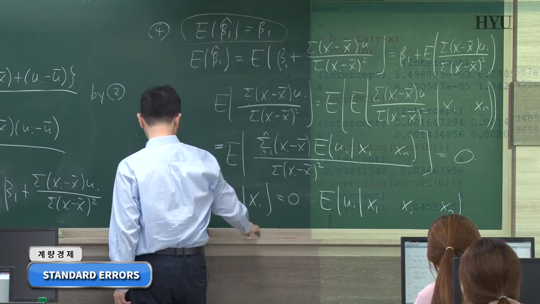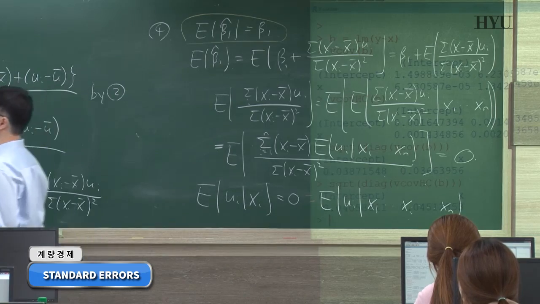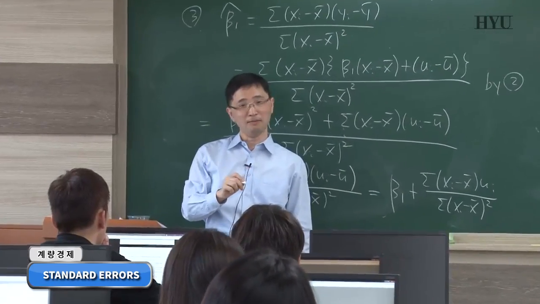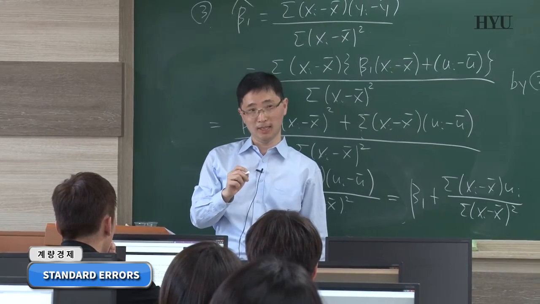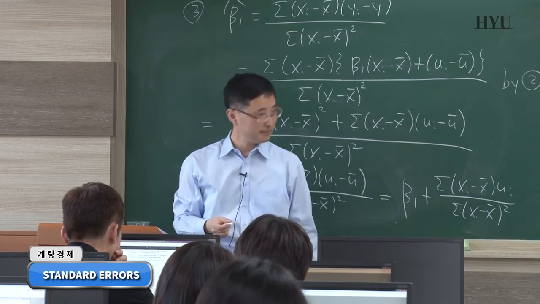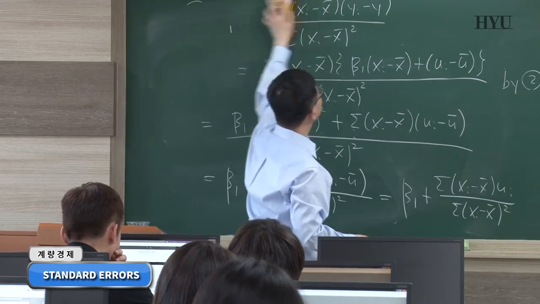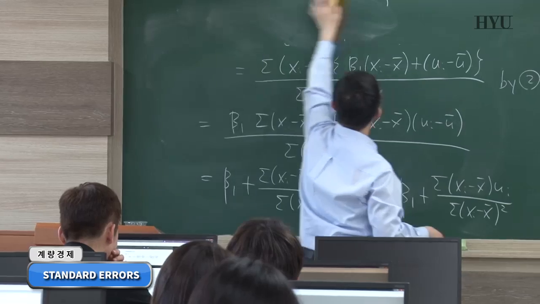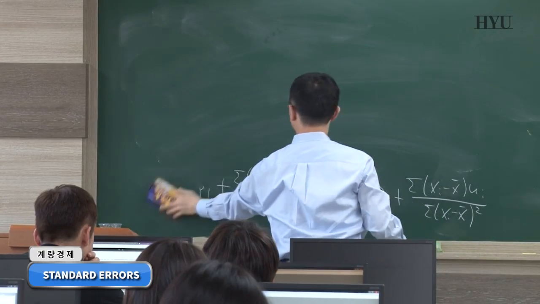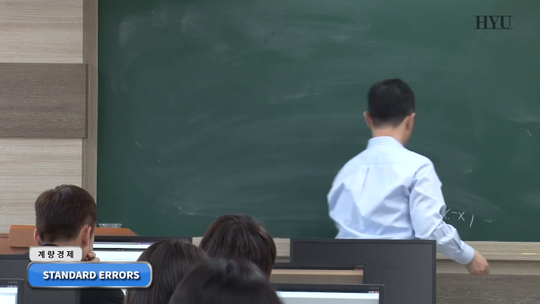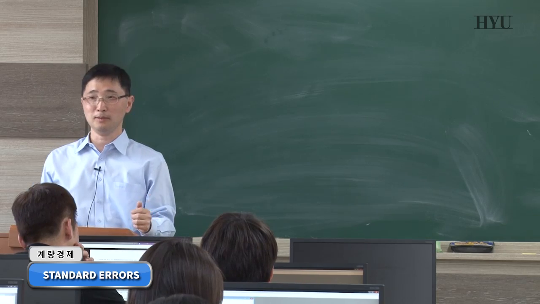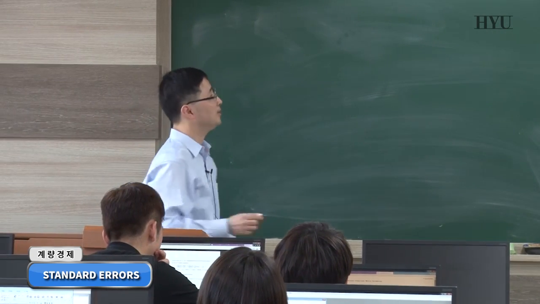So this shows the claim. Beta 1 hat is unbiased. By the way, in your notes, I have some error in showing that beta null hat is unbiased. To do so, you have to use it. Okay, so at least we know that the least squares estimator is unbiased.